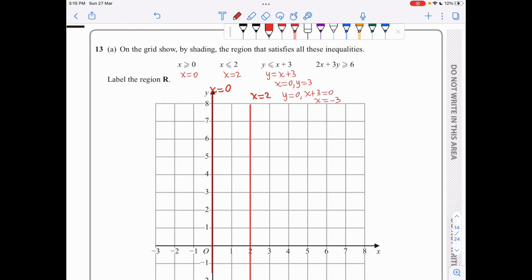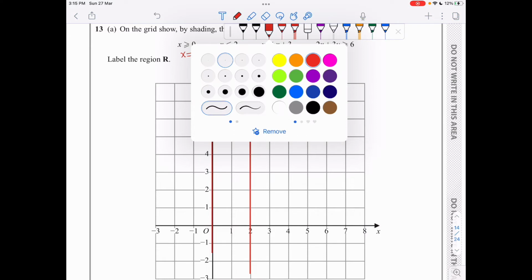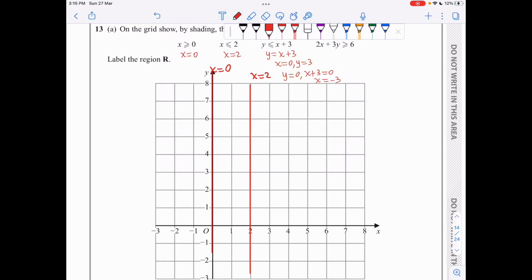So I've got the 2 points through which we cut the axis, and I can draw the line now. So it's going to be something like this. So this is y equals x plus 3.